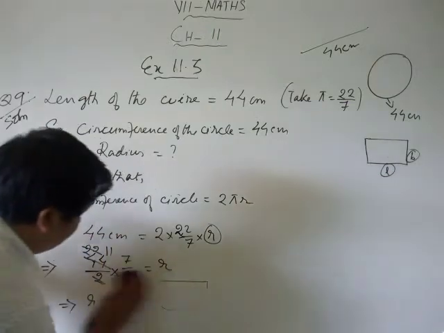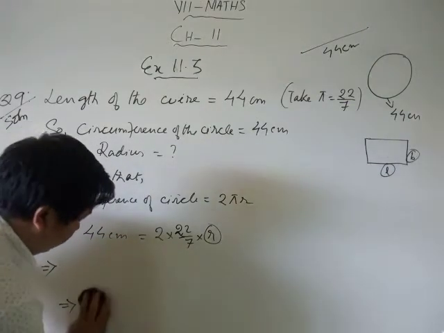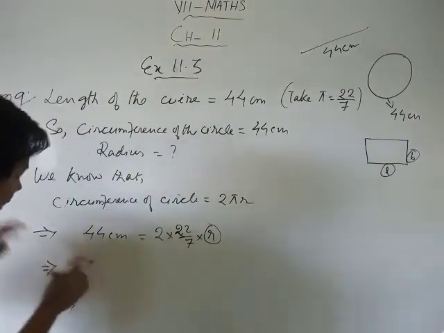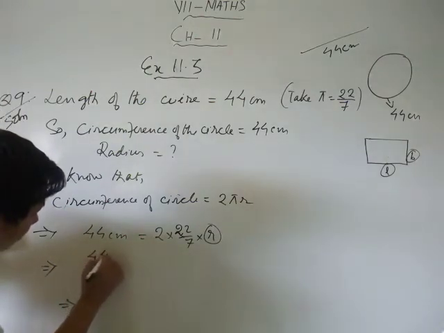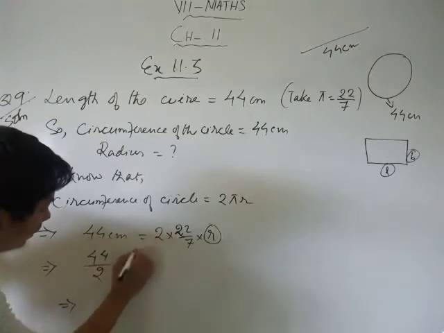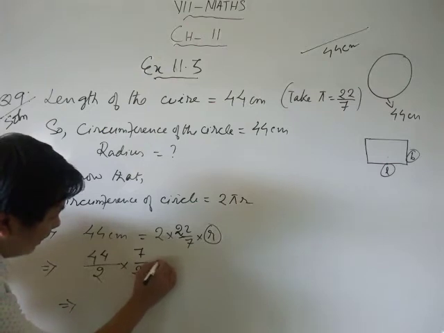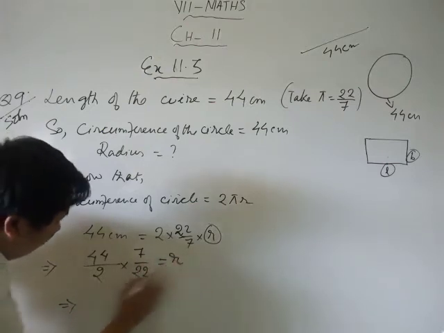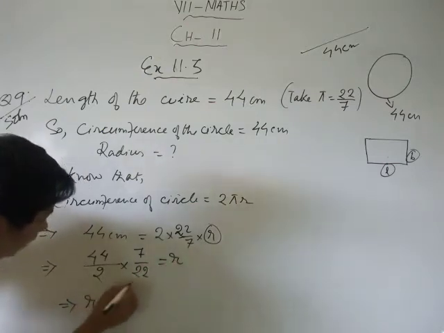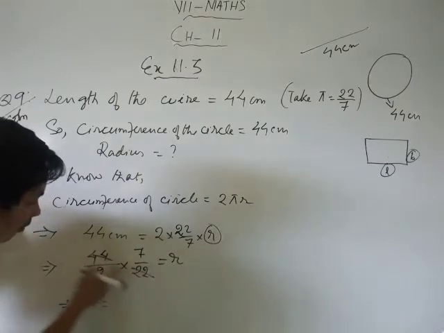My dear student, once again, I will show you a little more clearly. See, 44 will divide by 2 here, isn't it? Into this, which becomes 7 by 22, isn't it? And equal to r. So I'll write r here once again. R is equal to, now this 2 will cancel. So how much 2?